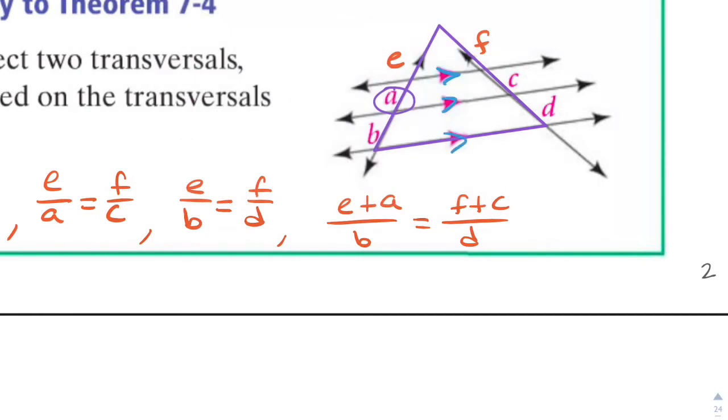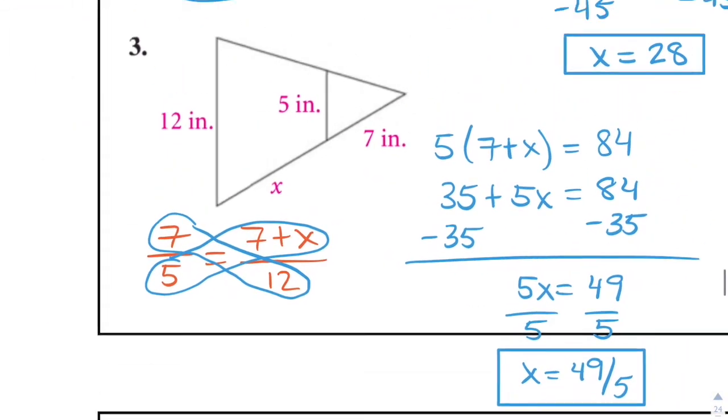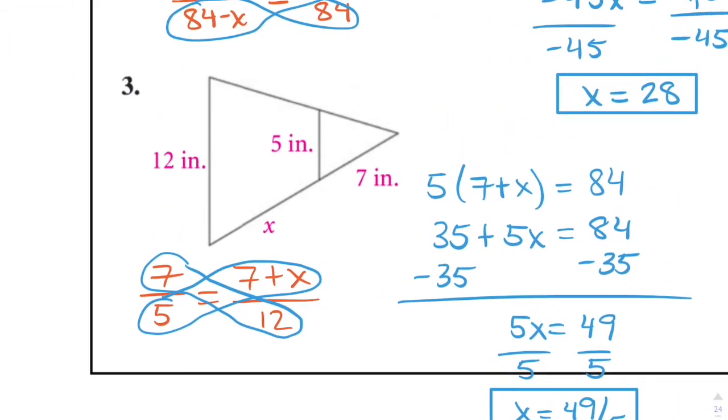Again, we're not talking about the bases, so you can't, like in number 3, do 7 is to x as 5 is to 12. That's not possible, because it's not the sides you're talking about. You're trying to compare sides to bases, and that can't happen.